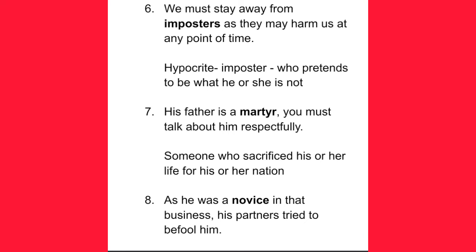So you can refer to him as an imposter. All right, and therefore here it's a kind of suggestion in the example that as soon as you come to know that somebody is an imposter, it's better you stay away from that person, because that person can harm you or may take advantage of your innocence or your belief in him.